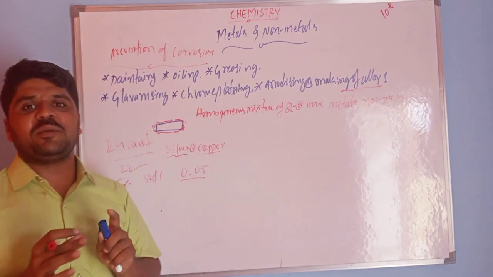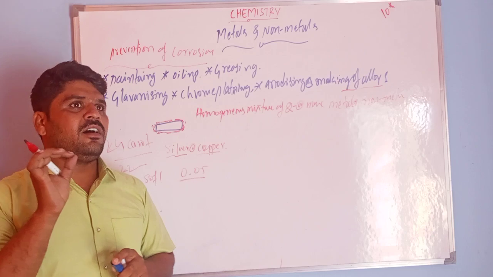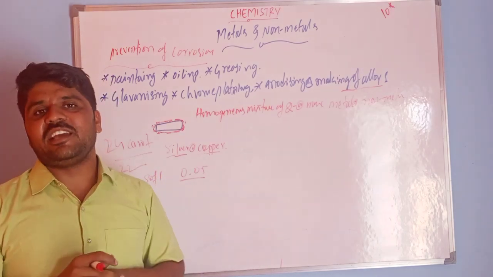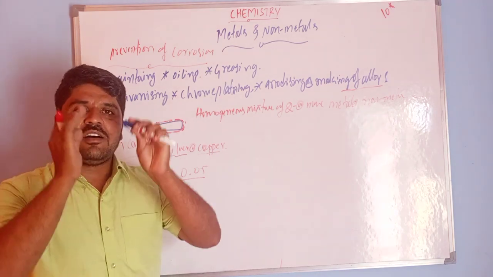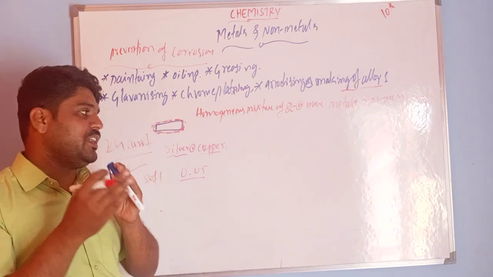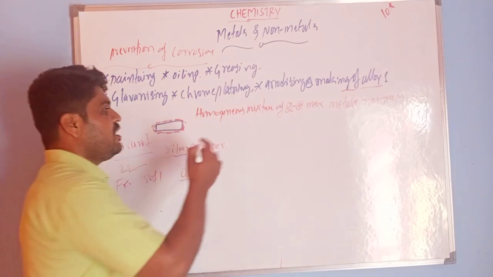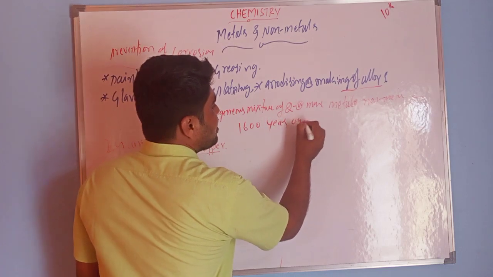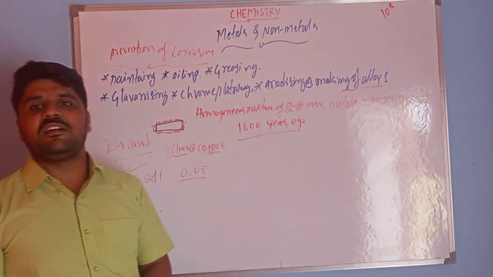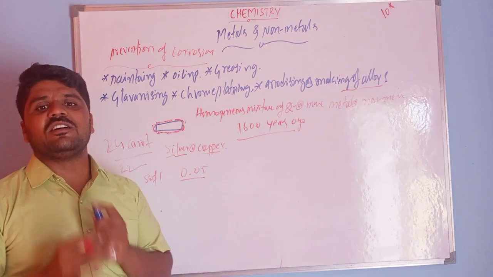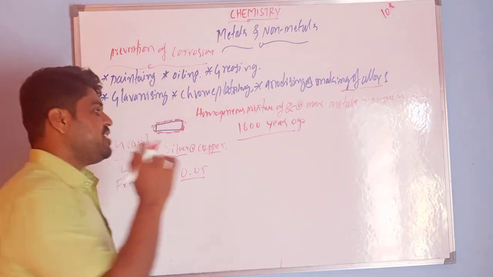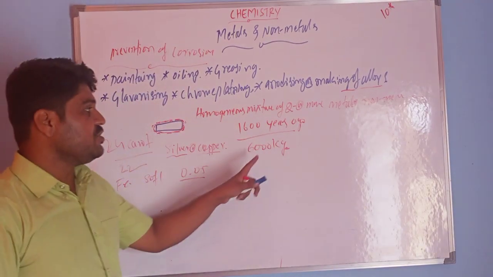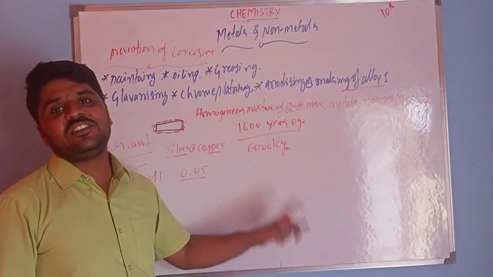One more thing you have to remember. In Delhi, near Qutub Minar, there is an ancient iron pillar. It was built 1600 years ago. This iron pillar is nearly 8 meters high and weighs 6,000 kg. It is a rust resistant iron.